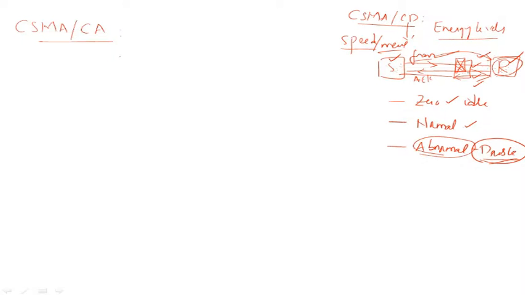Means when collision has happened, the collision is going to be detected and it is going to be sending the jamming signal to both the stations to alert them, and the receiver is going to be taking the double amount of energy in order to be able to handle that type of collision, and by waiting some amount of time.